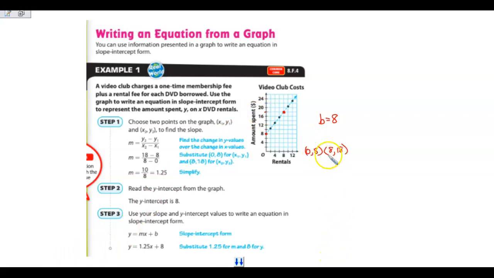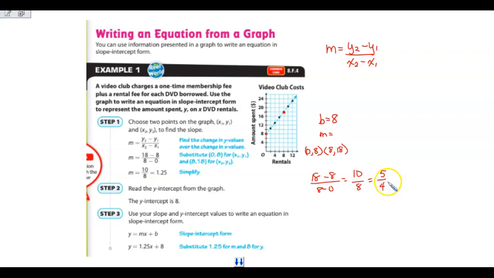Now, I can use these 2 points to find my slope. So now we're looking for the slope. And remember that the slope is my change in y over my change in x. And so I'm going to take 18 minus 8, there's my y's, and 8 minus 0. So this is 10, and this is 8, which is 5 over 4.